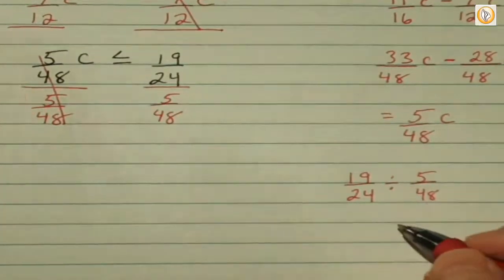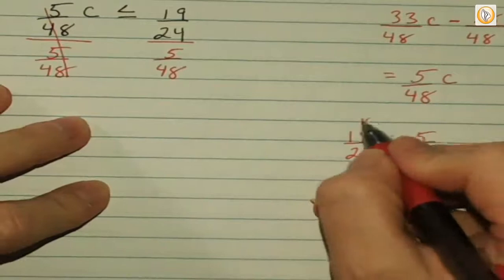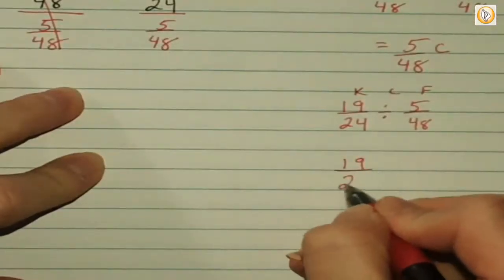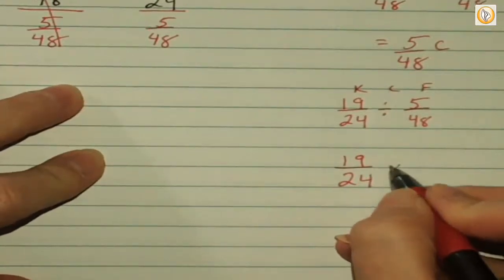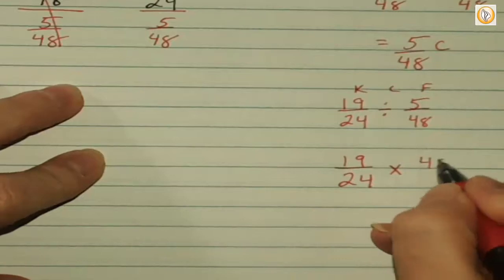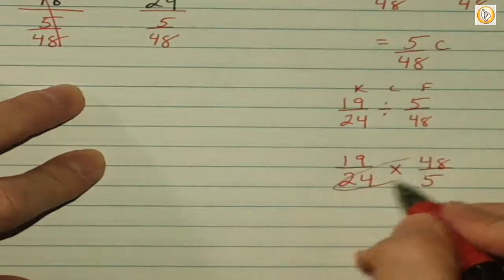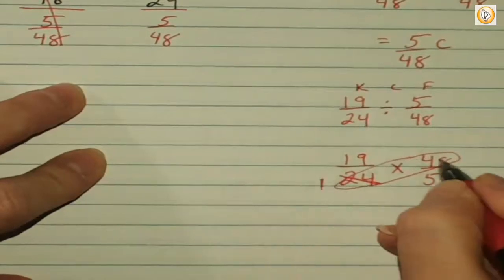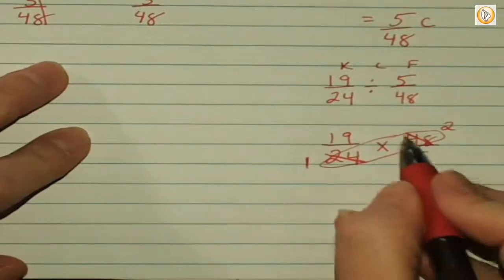Oh, I gotta switch it. Totally forgot. Sorry. Keep, change, flip. Ooh, I almost messed that up. All right, so division turns into multiplication, and now can I do some cancellations? 19 would turn into 1, and 48 would be 2. Very good.